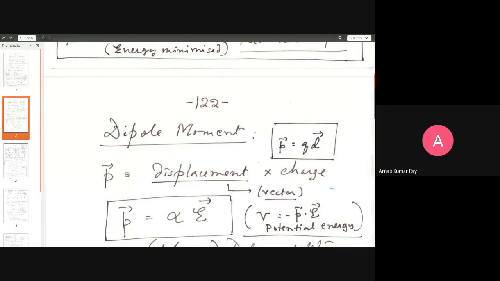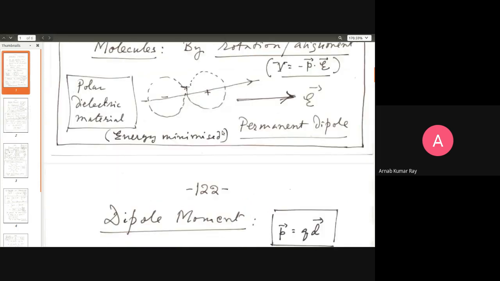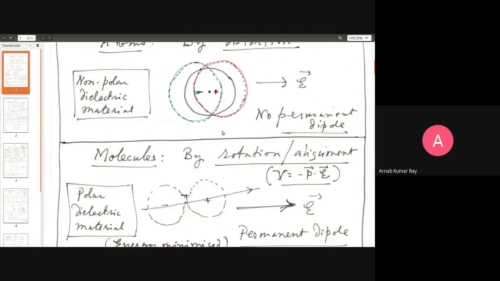Whenever you're talking about a dipole, there are two charges, a positive charge and a negative charge. And so the dipole moment is defined as the product of the positive charge times the displacement between the two charges. And since displacement is a vector quantity, it is natural to ask, what is the direction of the displacement?